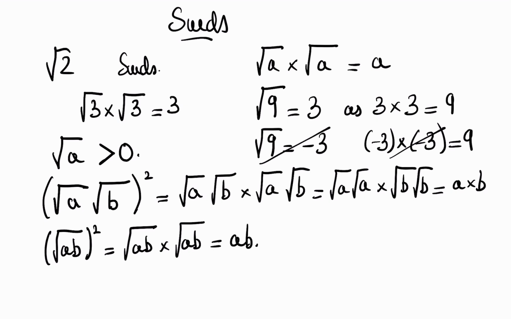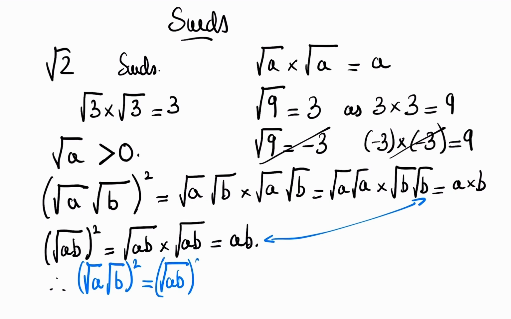So therefore we must have root of A times root of B, squared, because these two quantities are equal, equal to root of AB squared. And because we know the square roots are always positive, the square root of A times the square root of B must be equal to the square root of AB.